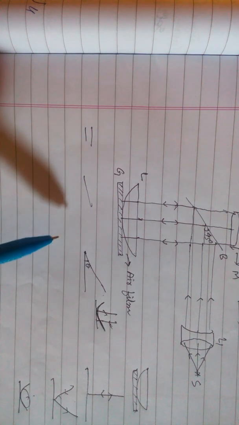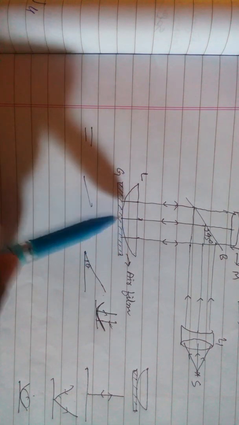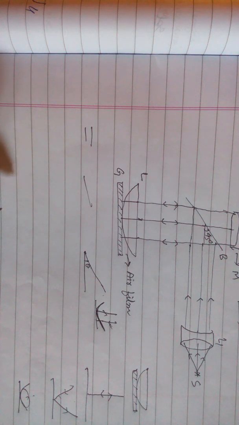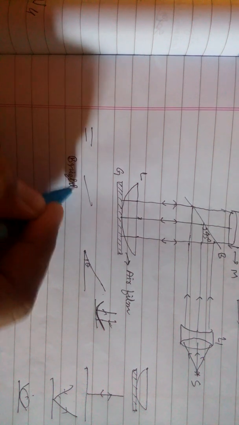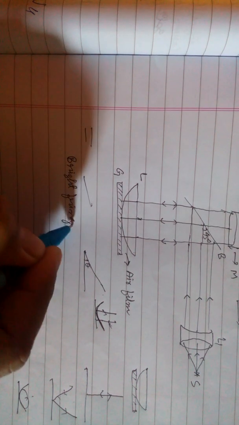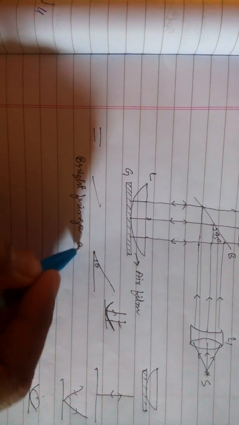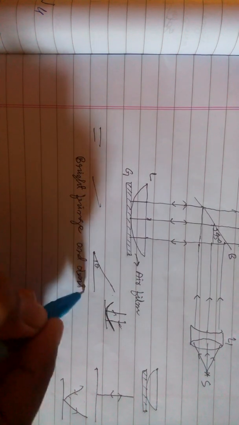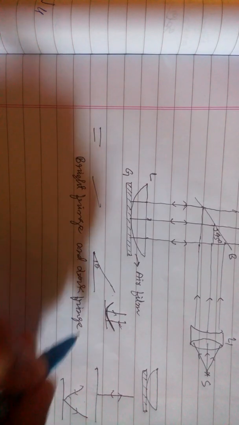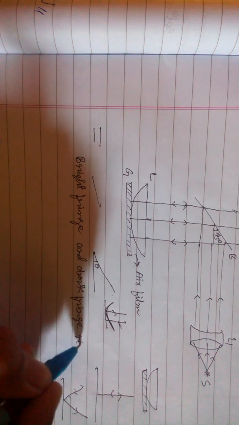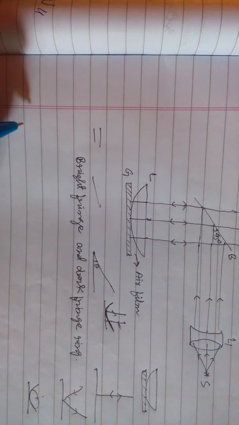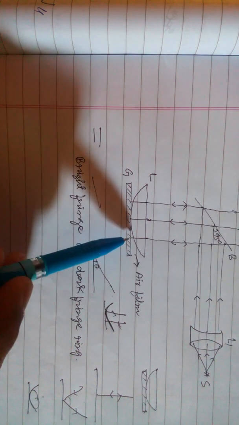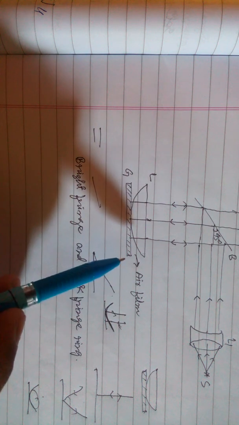So we get bright and dark ring type fringes.